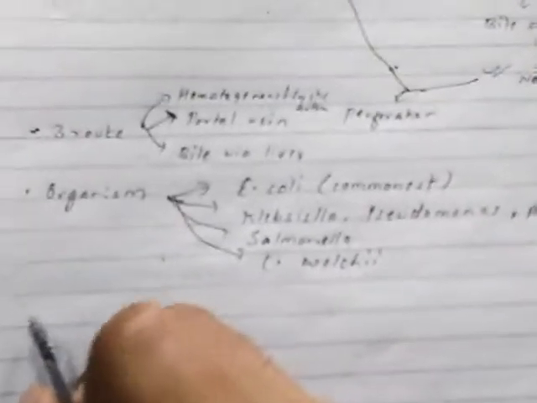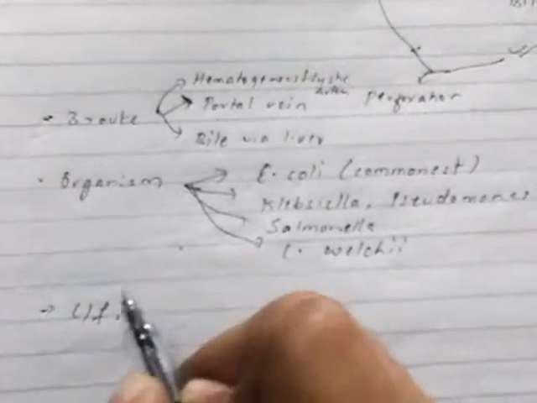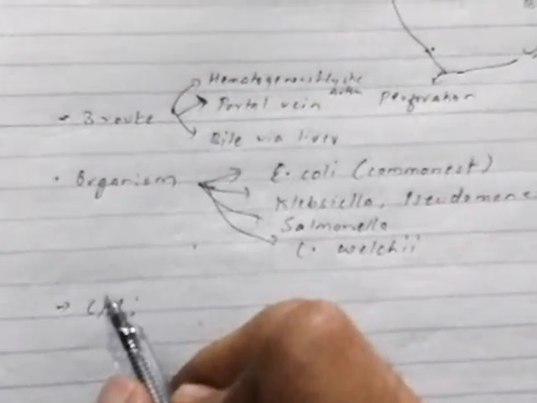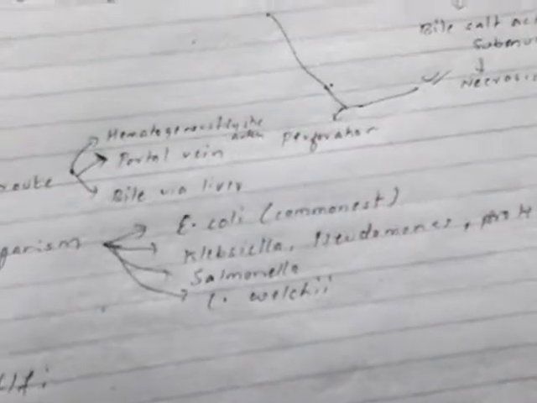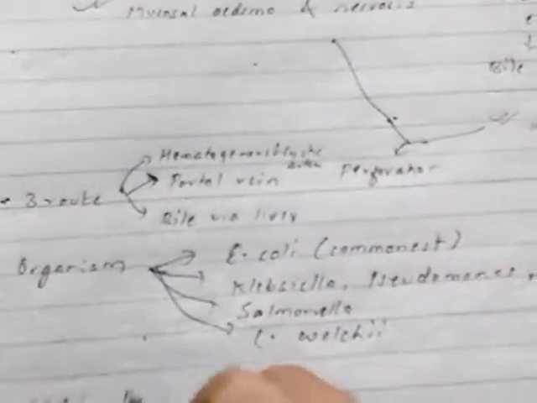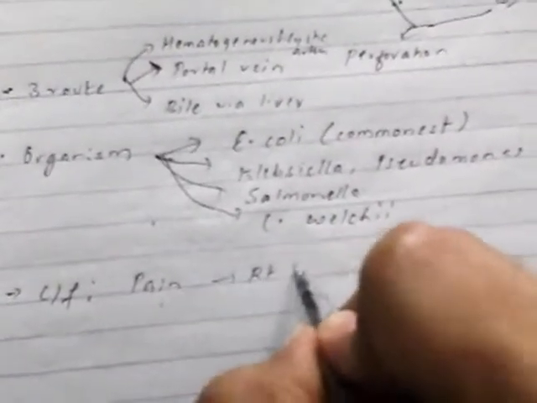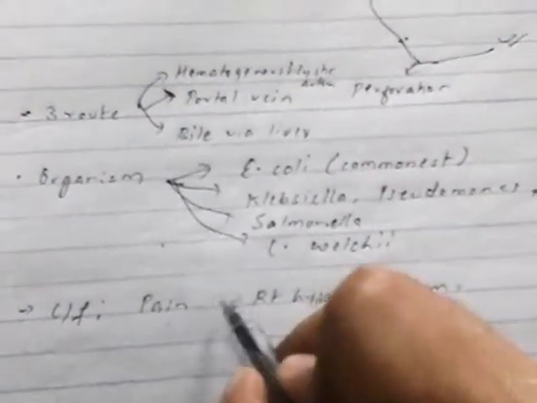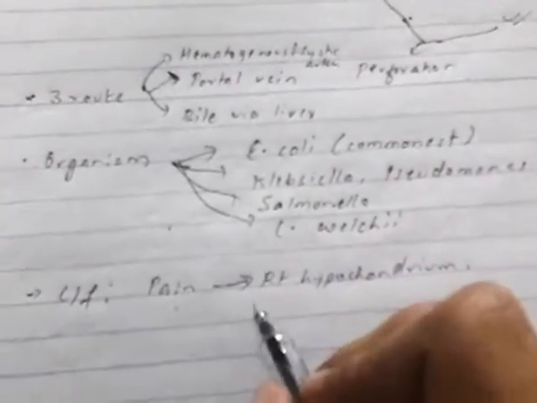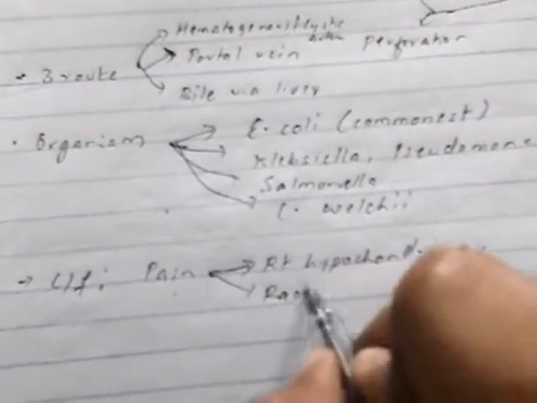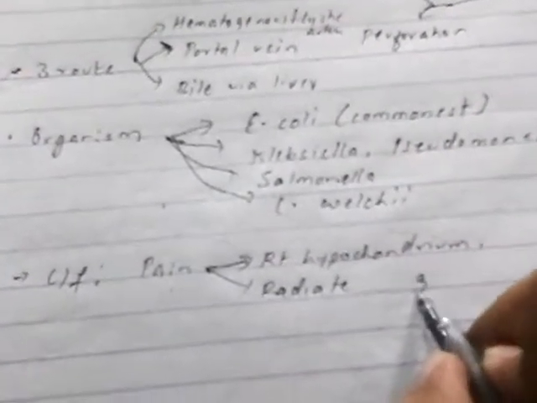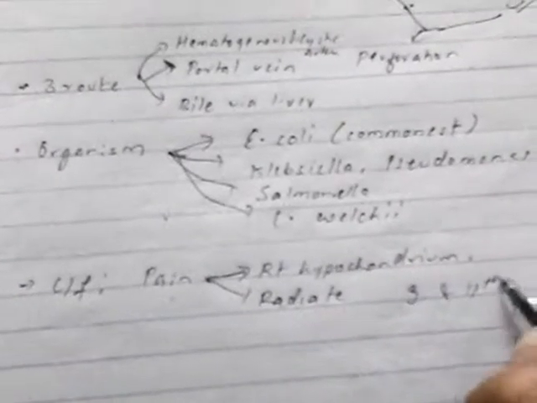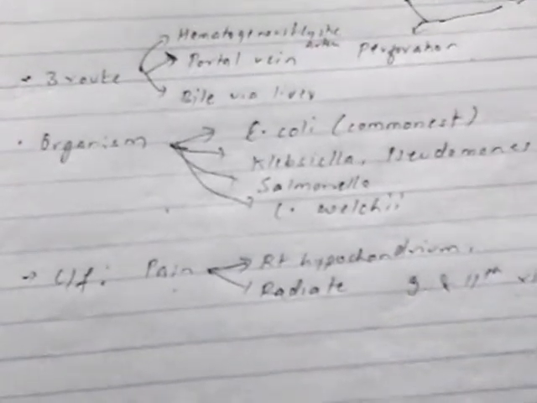Now talking about the clinical features. There will be a sudden onset of pain in the right hypochondrium, and it can also radiate posteriorly towards the ninth and eleventh ribs on the right side.